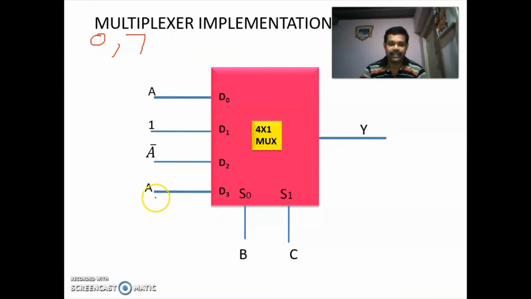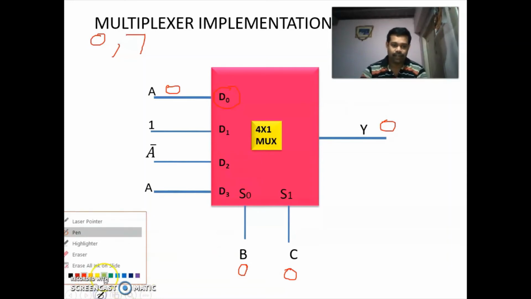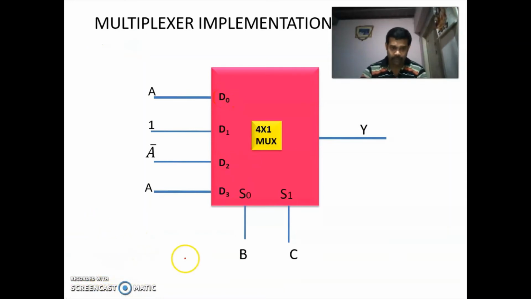So first we will check 0, 0, 0. For B 0, C 0. When you give 0, 0 to the select lines, D0 will be selected. The value of A is 0, so we will get the output as 0. Then we can check for 1, 1, 1.